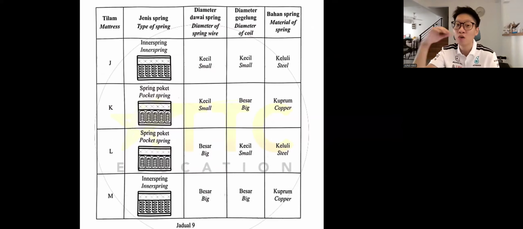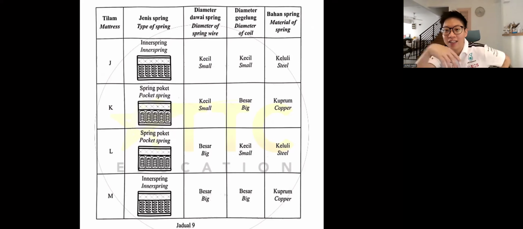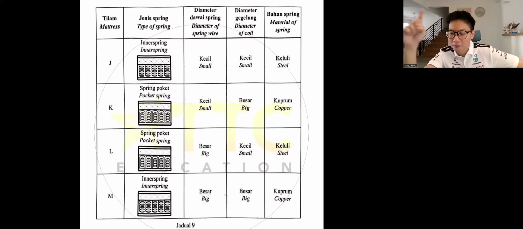If you buy a very good quality tilam, bro, it's like 10,000 ringgit, in the order of 10 to 15,000 ringgit if you buy a very expensive tilam. Why? You're paying for the springs. And Tanisha, one of the tutors who teach you, sleeps on a 10,000 ringgit tilam.